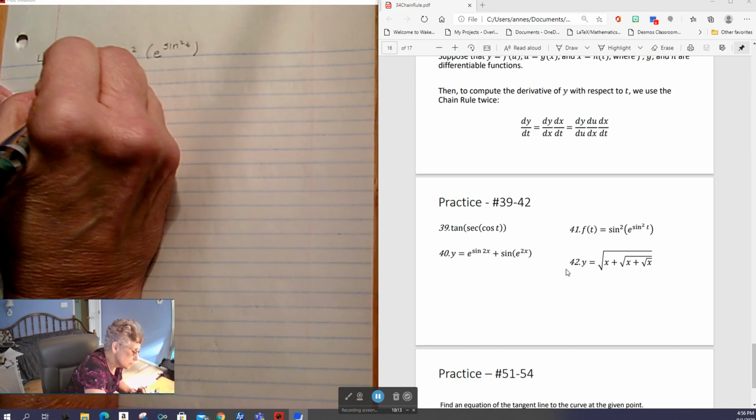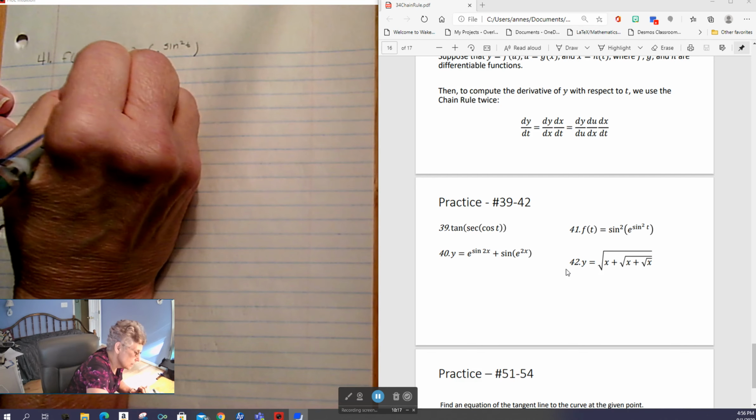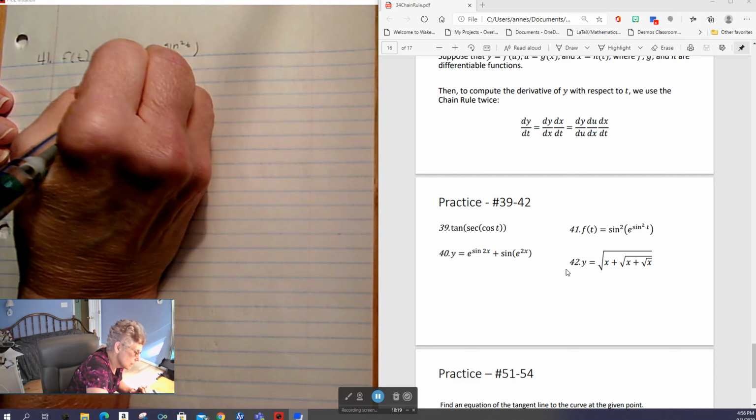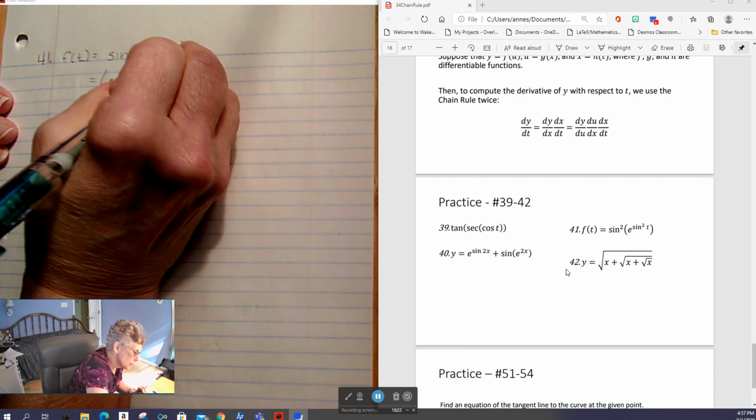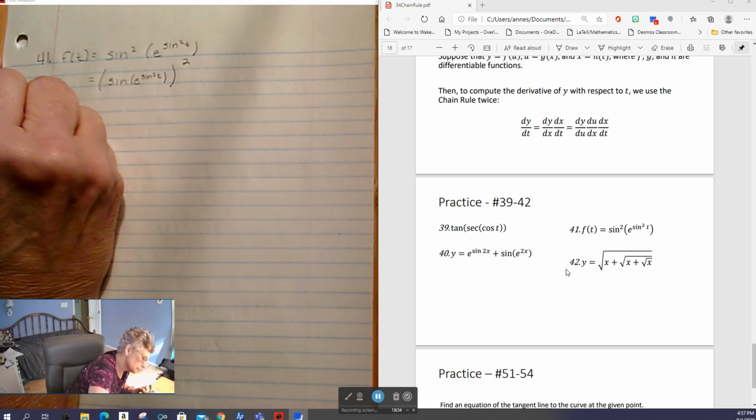So if you want to, you can rewrite this as sine of e to the sine squared of t, whole darn thing squared, just to remind yourself that the first function, the outsidest function, is squaring stuff.